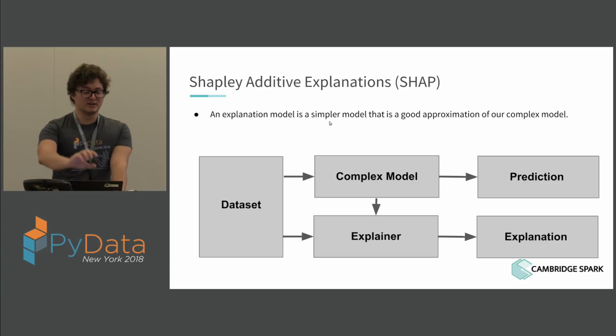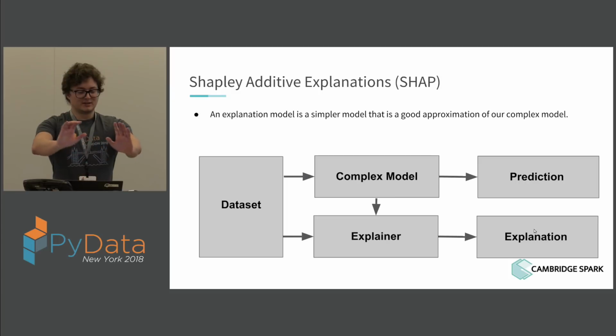You have your data, you have a really complex model, and that generates predictions. And then in parallel to that, you have an explainer, which is another machine learning model, but simpler to interpret. That's supposed to approximate your complex model, at least locally, and then you generate explanations from that.